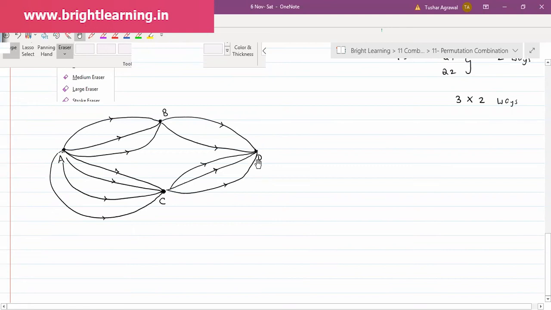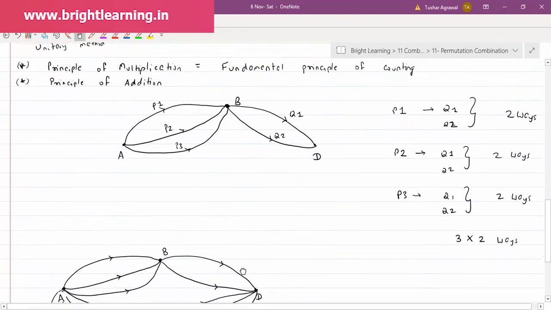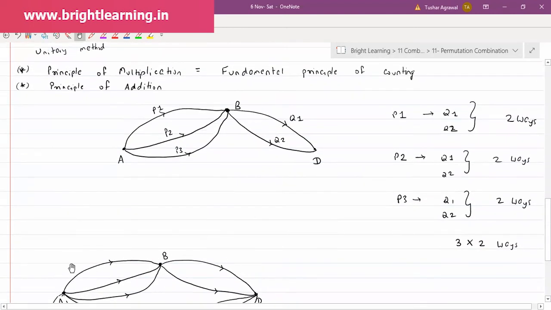Now again the same question. There are 2 ways to go to Delhi, either via Bombay or via Chennai. Now, in how many ways can he reach Delhi? If I just give you this much of the question, see the bottom part of the screen where my cursor is, it's just the repetition of the previous question.